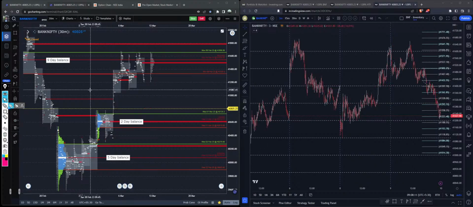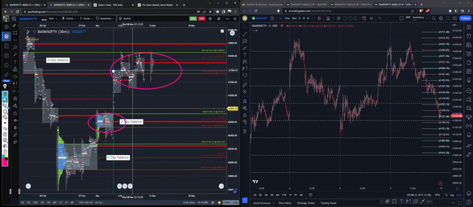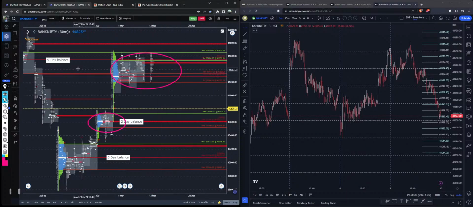So what has happened is we are now going to retest this particular 2-day balance. This was overall a 2-day balance, and if I consider this 4 days, this is again a 4-day balance. Great.